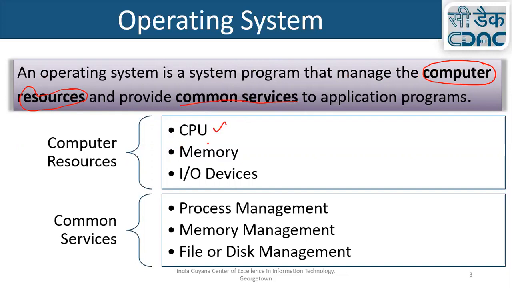So the CPU we already covered, and corresponding to the CPU, the service is known as process management. So these two are interlinked. Now we discuss the memory and memory management. My common computer resource is memory, and the common service corresponding to memory is memory management.